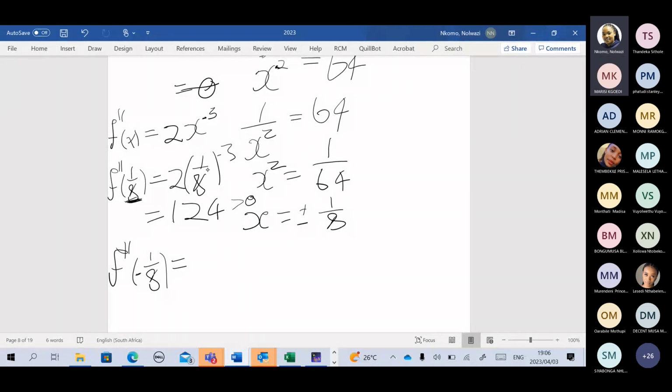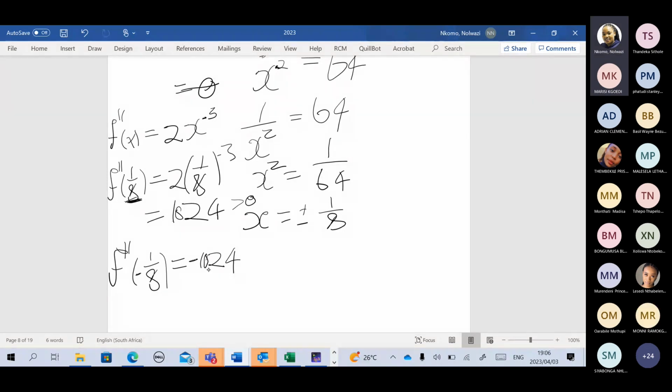You substitute your 1 over 8 and get 1024. Okay, if you substitute minus 1 over 8, what do we get? I think it's 1024. Yes, ma'am, it's minus 1024.